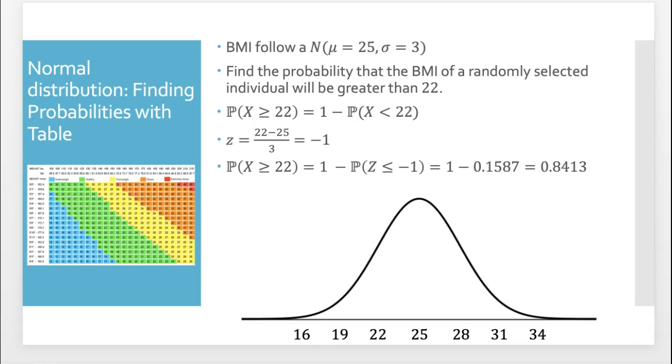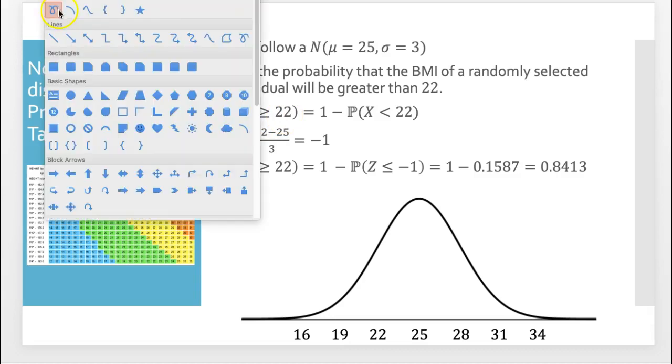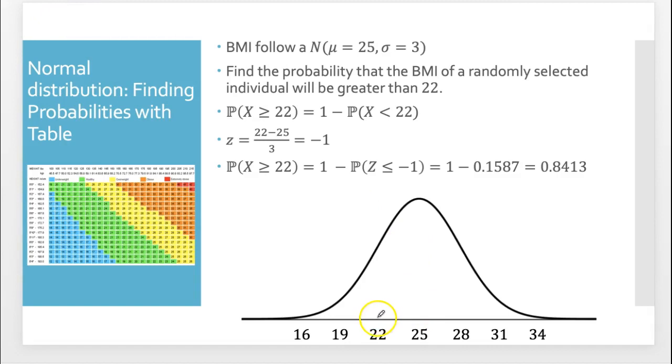So the next example: I want to find the probability that the BMI of a randomly selected individual will be greater than 22. So in this case, x is greater than 22. In terms of the area we're looking at, it's a shaded region like this, all the values greater than 22, and you want the area underneath the curve over that interval.